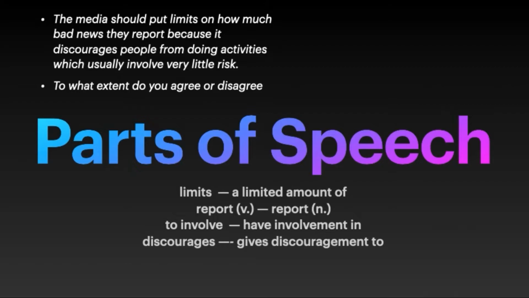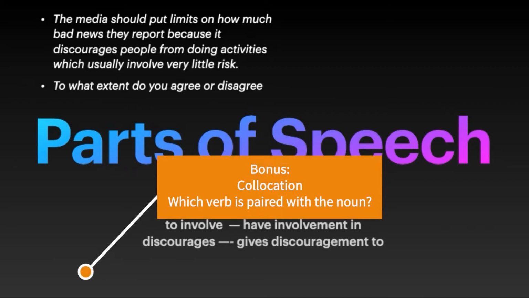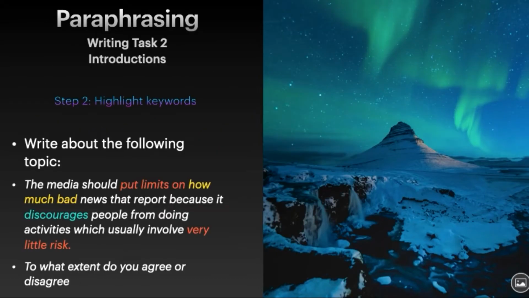And the important thing here with the examples of to involve and discourage, you see that we have to collocate this noun form with a different verb. And this is also something the IELTS examiners want to see that you're able to do, that you can collocate as well as paraphrase.